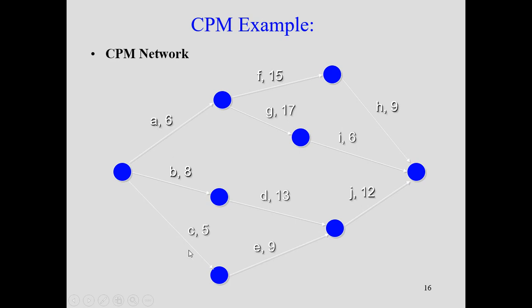So we have A, B, C, which are the starting activities. Then F, G, D, E, I, J and H. So these are the total activities. Totally we have 8 nodes available here.